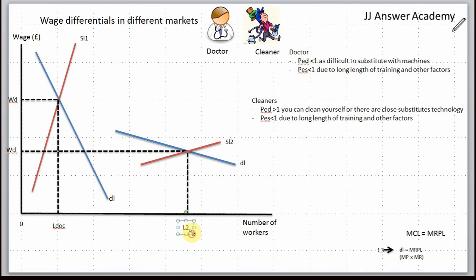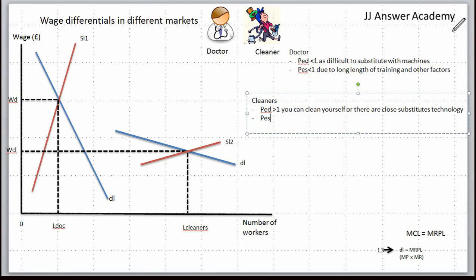Right, so we can say labor of cleaners: PED is greater than 1, you can clean yourself, or there are close substitutes such as technology. We've spoken about robotic vacuum cleaners, which can just go around and clean by themselves. PES is greater than 1 as well, because the training is not as long as for doctors.